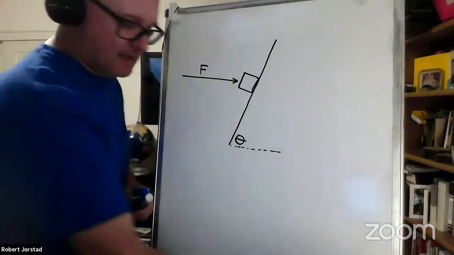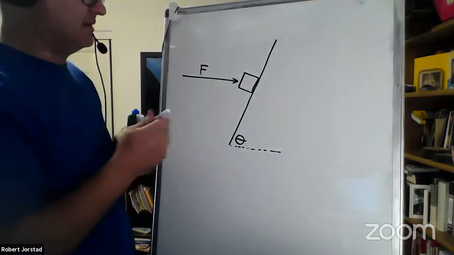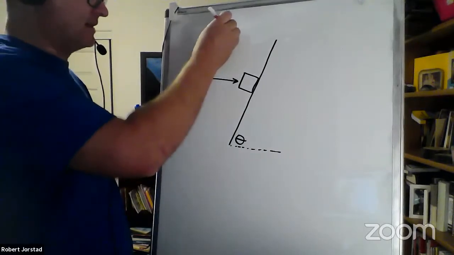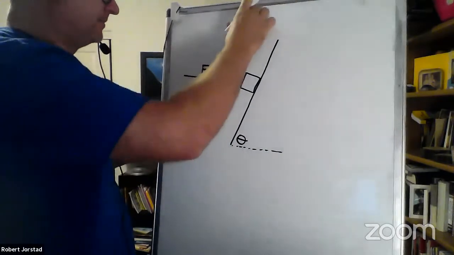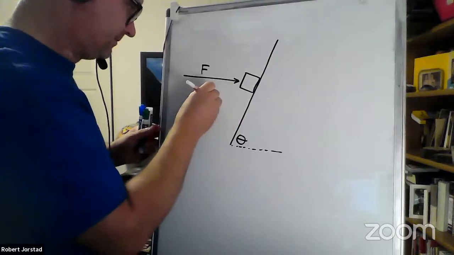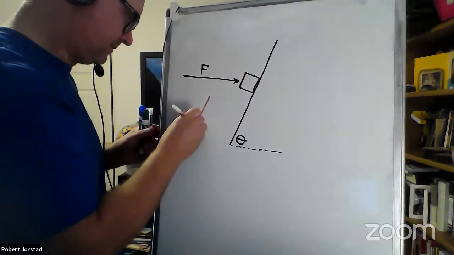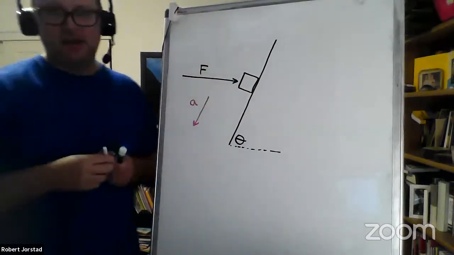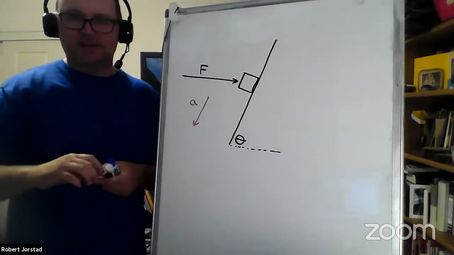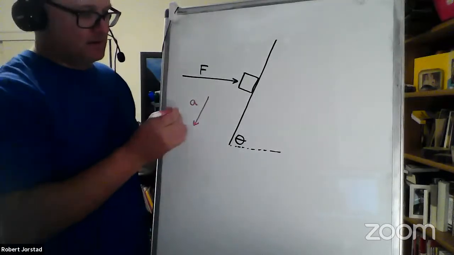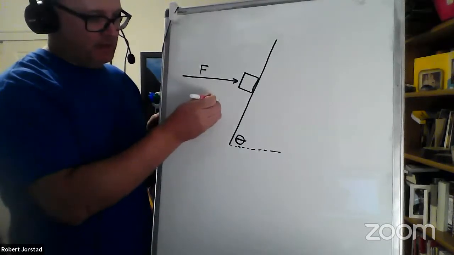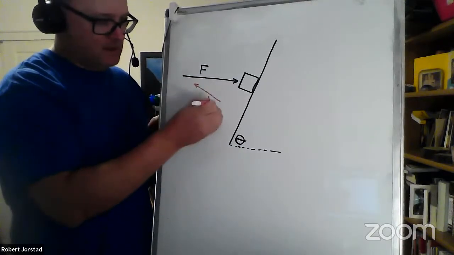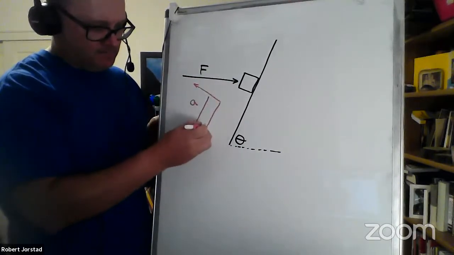Which way is this thing accelerating? Did it say? I think it said down the plane, right? With magnitude A. So in this case, I'm going to draw the coordinate system again, perpendicular to the plane and parallel to the plane.